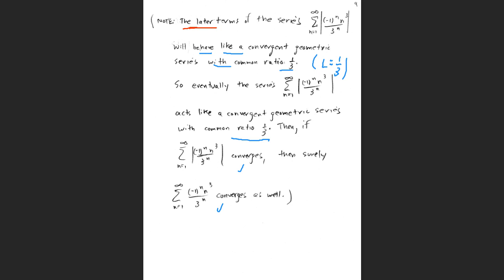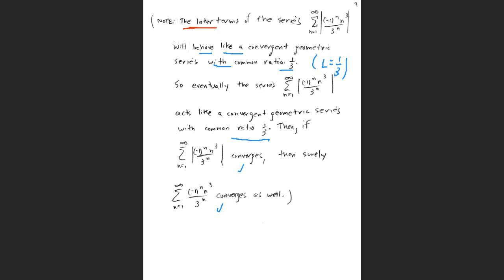I mean, that's really what's going on. You have this rather ugly series, and you would never think that it behaves like a convergent geometric series with a common ratio of a third.